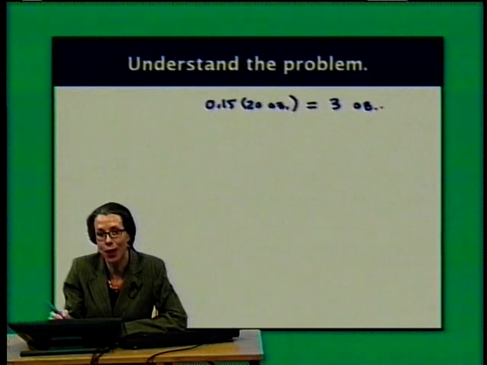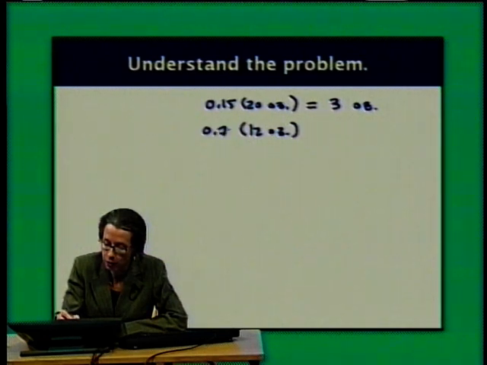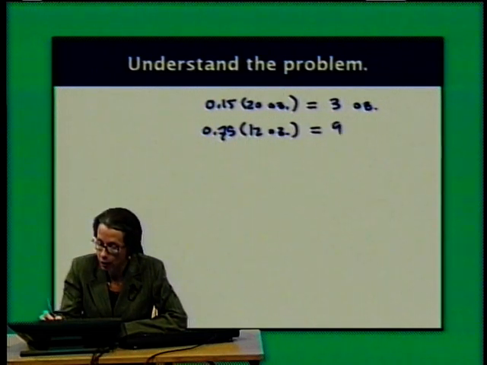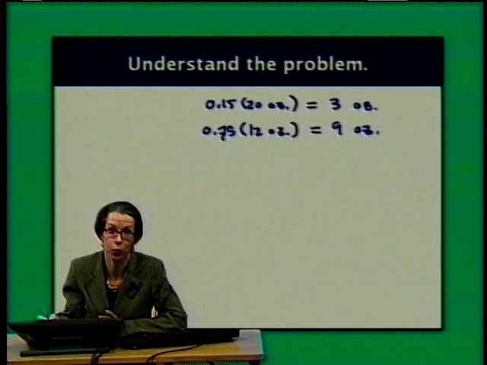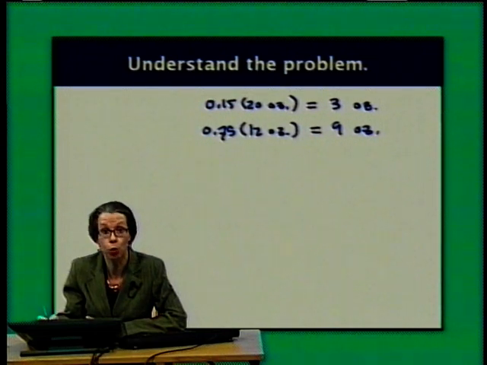Now she also has 12 ounces of juice, which is 75% pure fruit juice. So 75% of 12 ounces is 9 ounces. 75% is just 3/4, and 3/4 of 12 is 9. So altogether, there are 12 ounces of pure fruit juice in her mix.